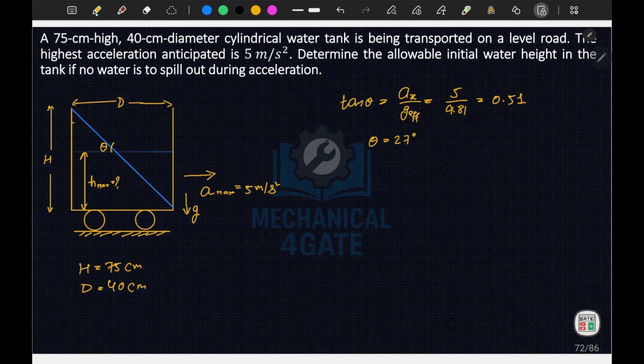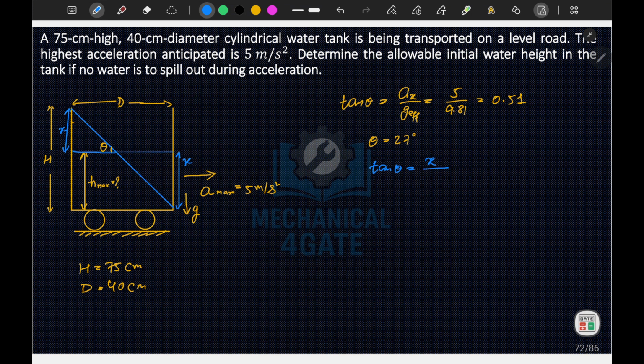Now we know that the rise in height at this end is, let's say, x, and the fall at this end will again be x. These rise and fall are both equal. So I can find my value of x, as tan theta is equal to x upon this distance.